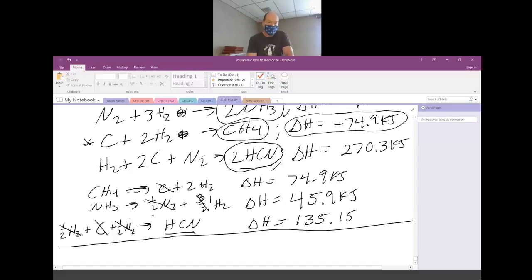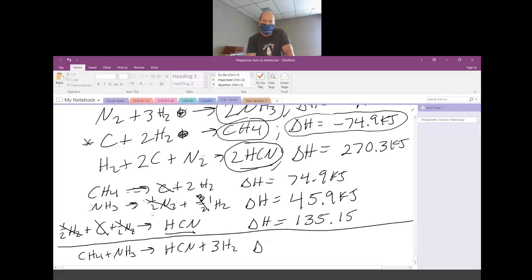And so when you add them up, you have your CH4 plus your NH3. That's all you have left on the left side. On the right side, you've got HCN. Plus, you have 2 hydrogens here and 1 more hydrogen there, 3 hydrogens.